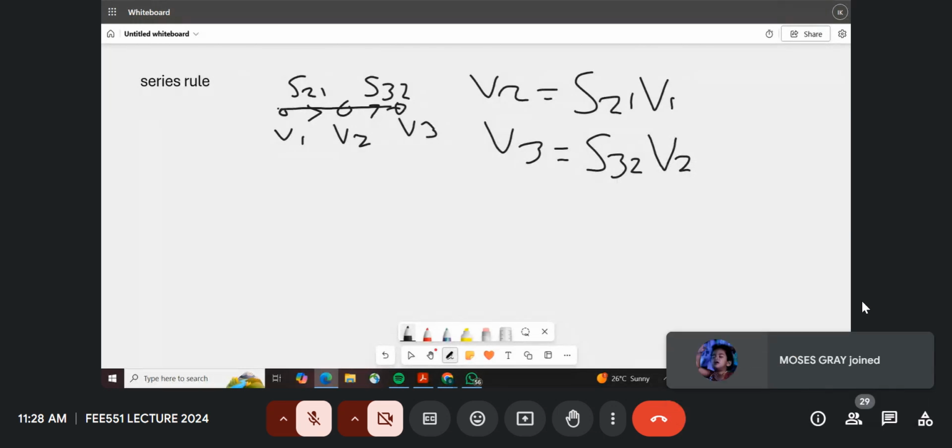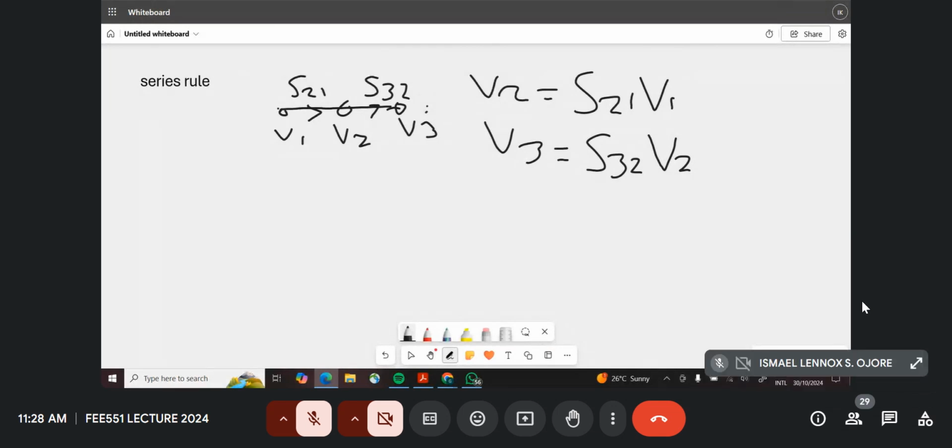So at this outgoing port here, V3 will be S32, and substituting V2, it will be S21 V1. I hope up to there it's okay.